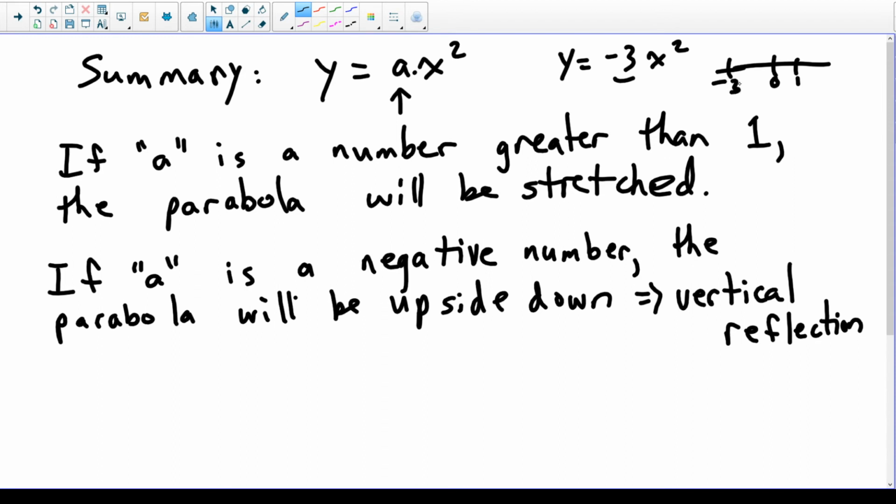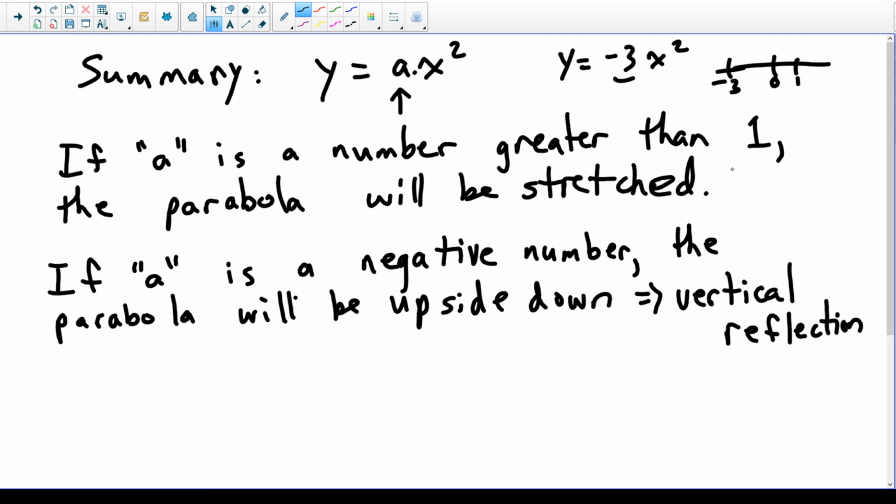We consider -3 to actually be smaller than 1. But the problem is there's two different things happening. There's the negative sign effect and the 3's number effect, okay? So when you're talking about transformations, you've got to keep those two things a little bit separate. You've got to think of the 3 as being greater than 1, and the negative sign as meaning flipping it upside down, or reflection.